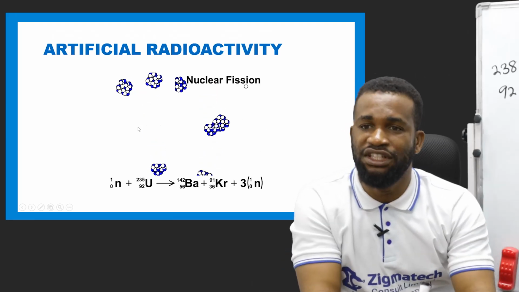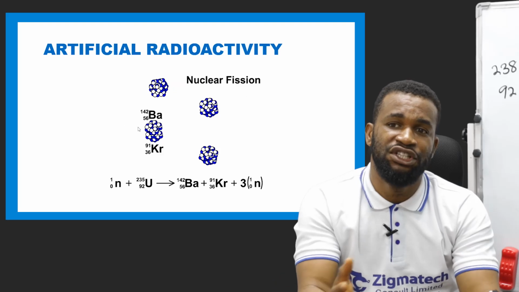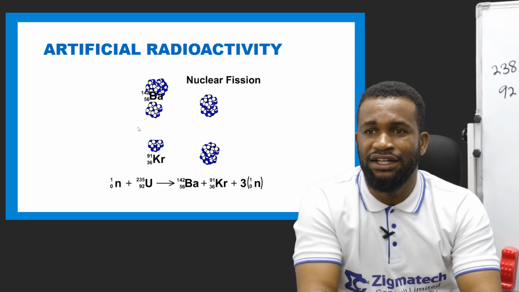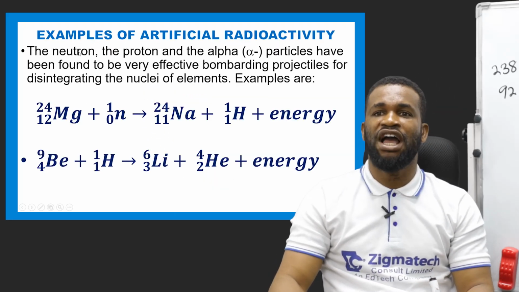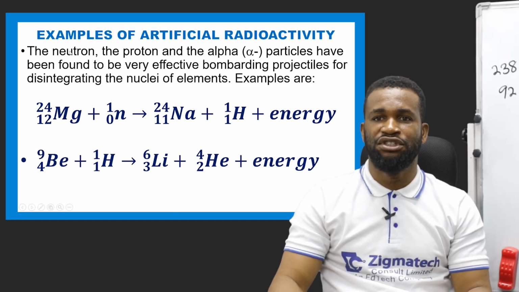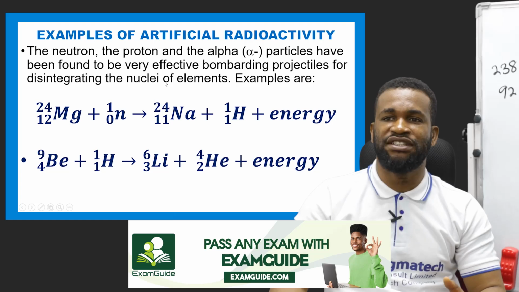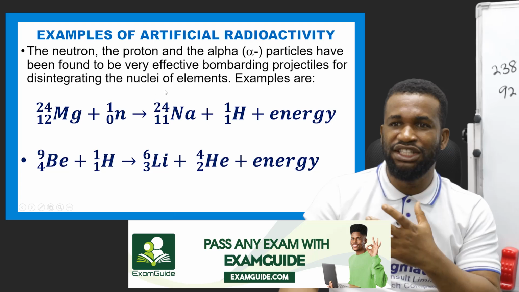And that is why the world is very careful, keeps on checking different countries, having policies in order to checkmate the use of nuclear energy in different countries. All right, so we have examples of artificial radioactivity. The neutron, the proton, and the alpha particles have been found to be very effective bombarding projectiles for disintegrating the nuclei of elements.